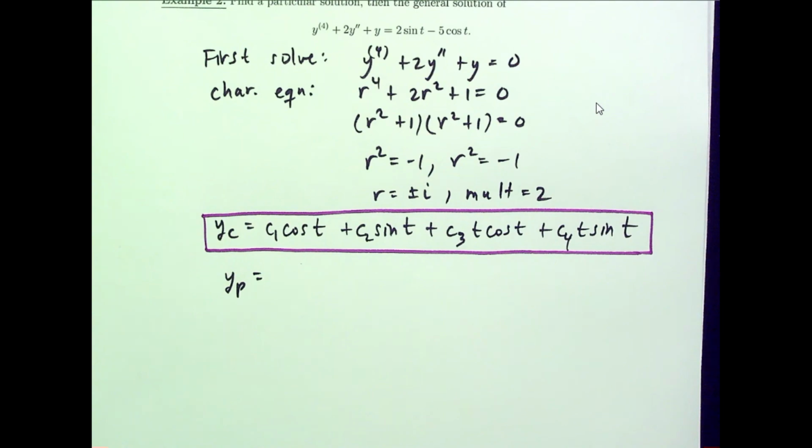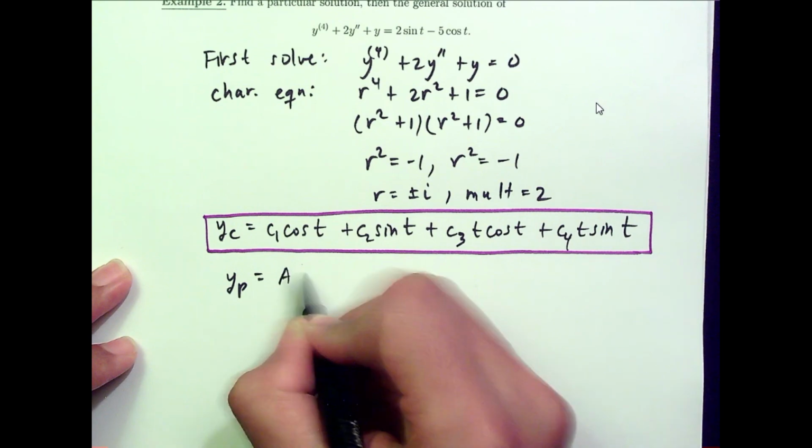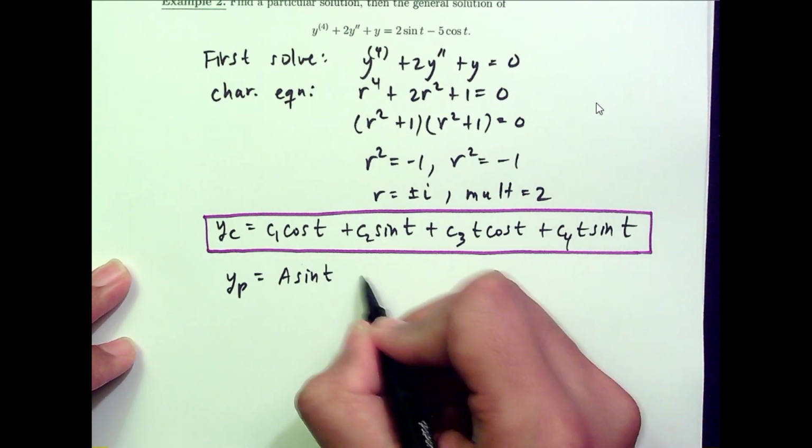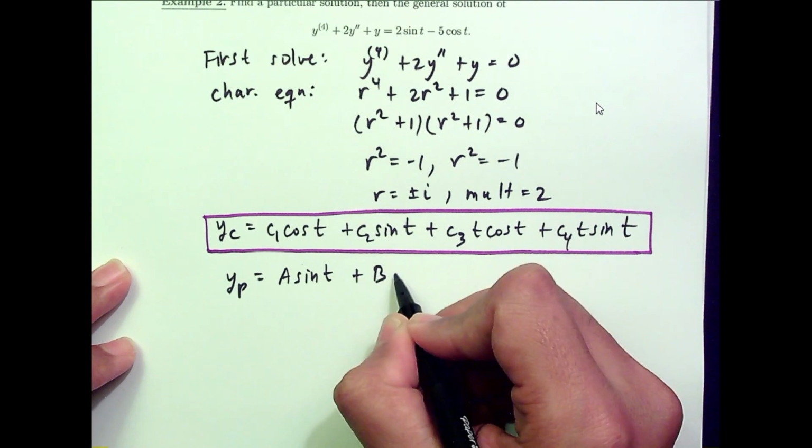You see that whatever is in front of the sine and the cosine are both constants. So that means our guess is going to be also a linear combination of sines and cosines. What is in front of the sines and cosines are going to be also constants. So the guess should be a sine plus b cosine.